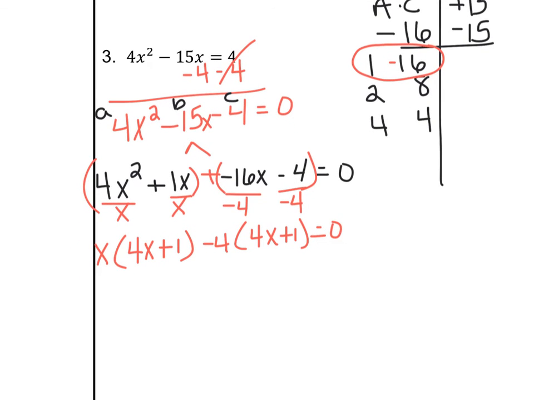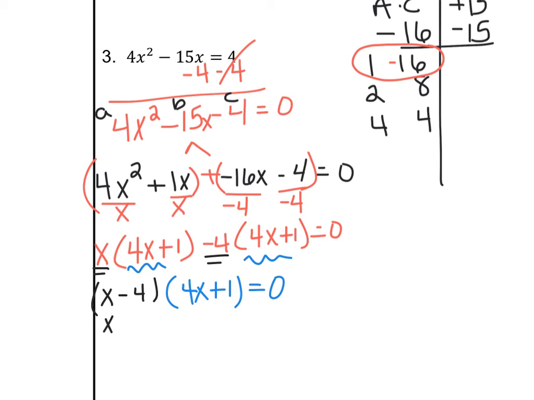Okay? We're going to group our coefficients together. 4x plus 1. So once I set my factors equal to 0, on the first side, I add 4 to both sides.